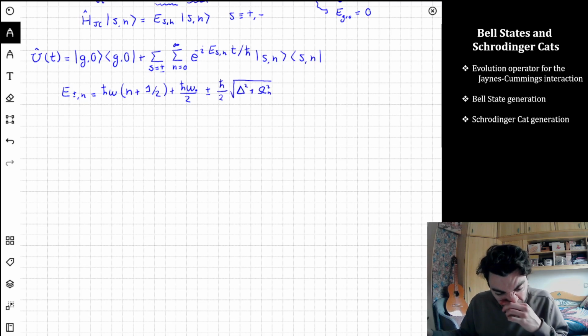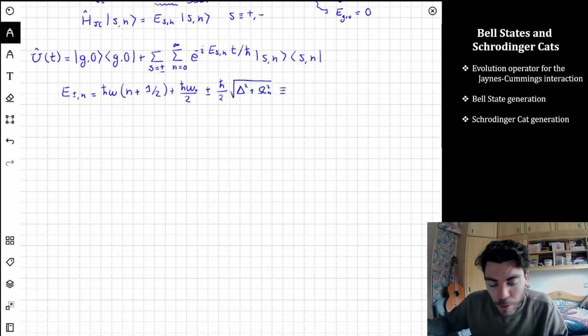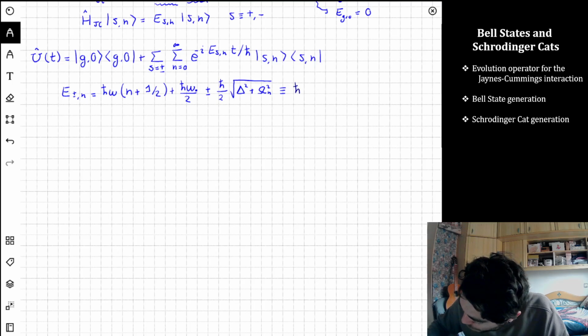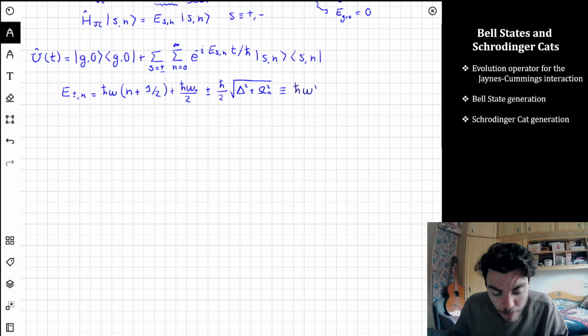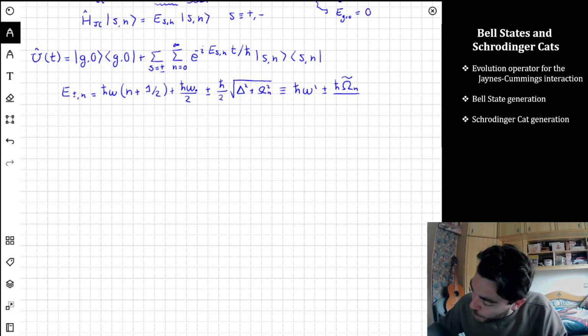This we found as well, and we are gonna call this, just for simplification of the notation, h bar omega prime, plus minus h bar this quantized generalized frequency, which is called capital omega n tilde, divided by 2.